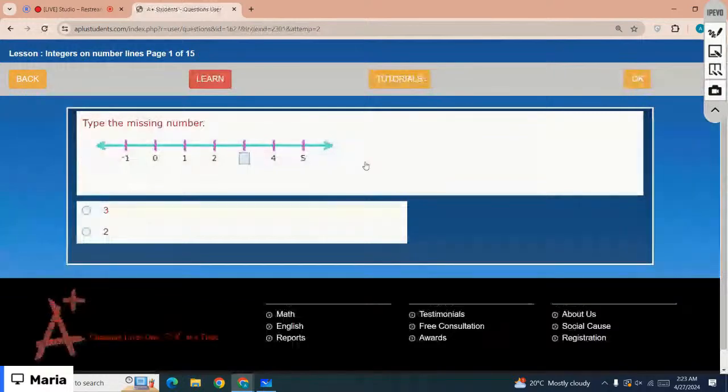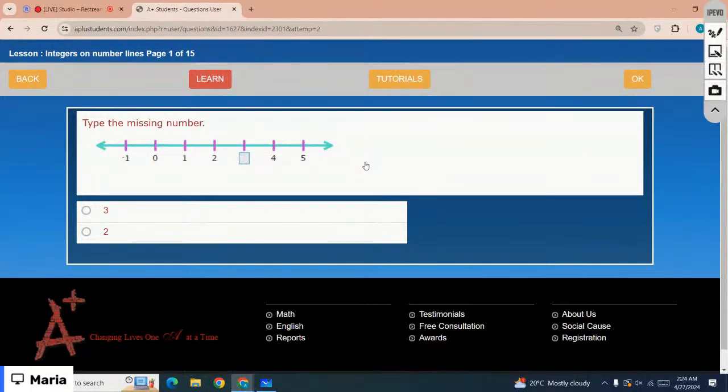Type the missing number. So, which number is missing? Yes, the missing number is 3, right?